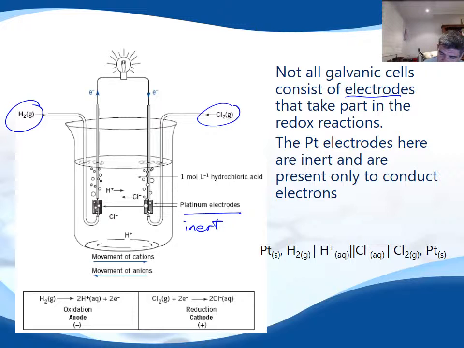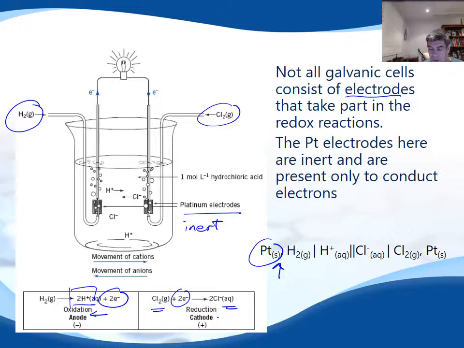You can see at the anode oxidation occurs, and that is where we have electrons being lost as the hydrogen gas is turning into hydrogen ions. And at the cathode, reduction is occurring, and this is where chlorine gas is accepting those electrons and forming chloride ions.